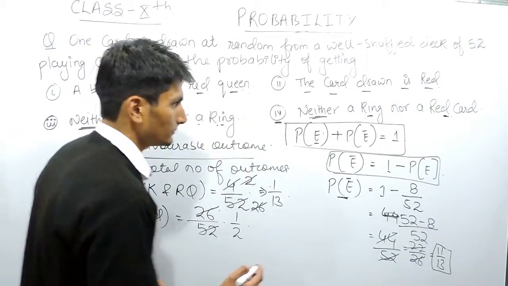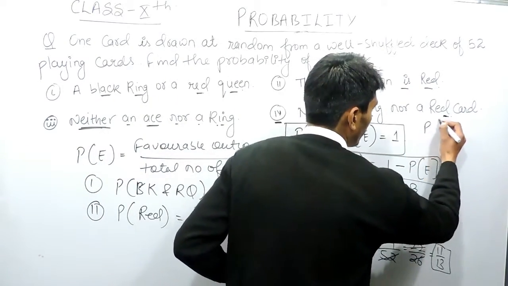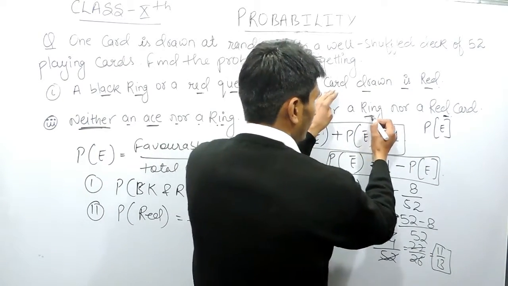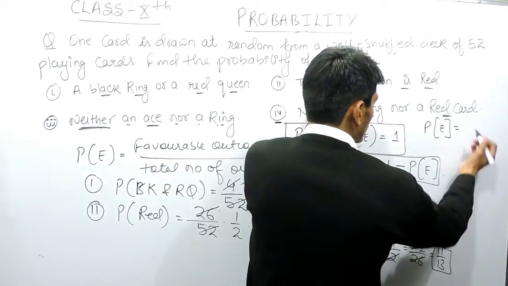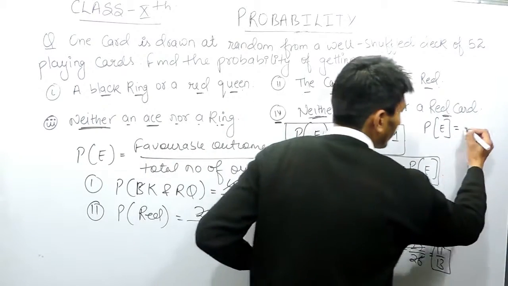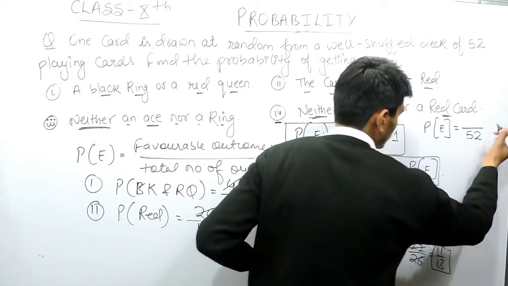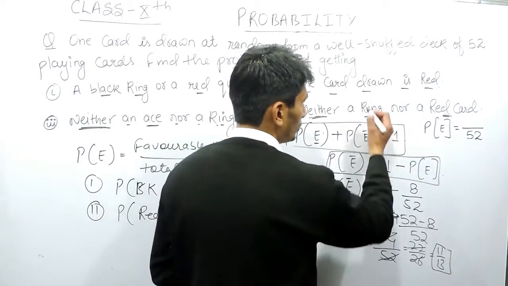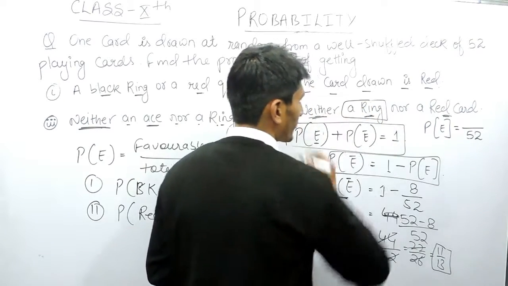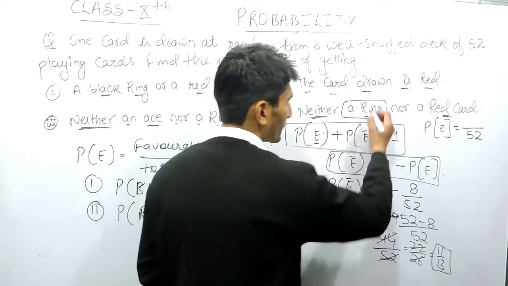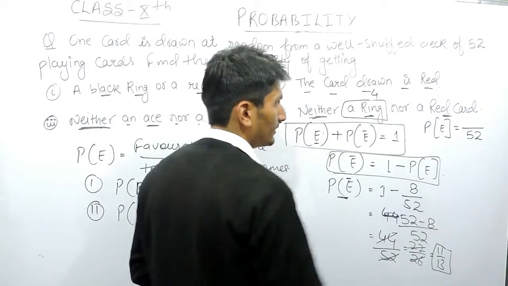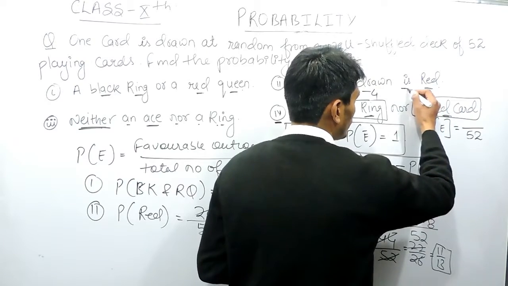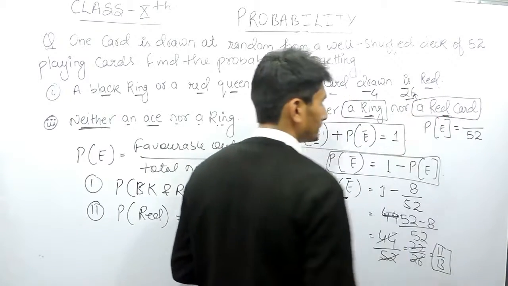For this event, the total number of outcomes is 52, and for favorable outcomes, in a playing card pack there are 4 kings and there are 26 red cards.